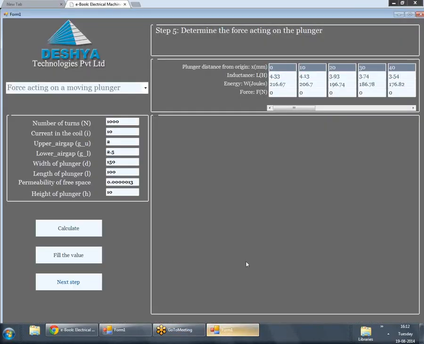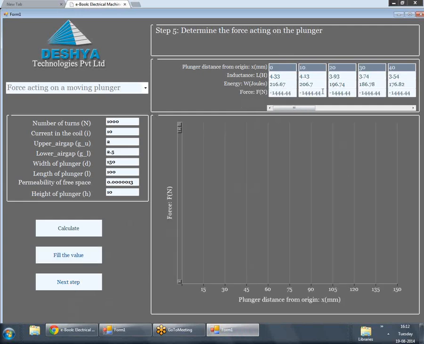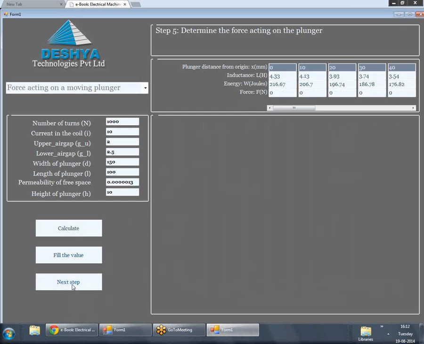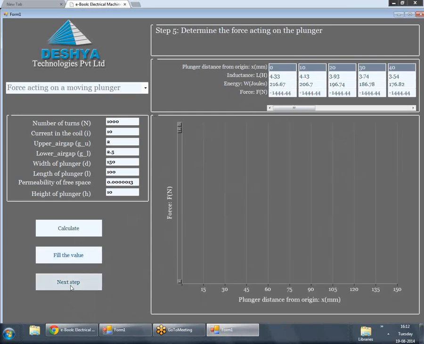All those things we have calculated, so eventually one can calculate the force. The current is constant, and the rate of change of inductance was calculated in the previous step. I fill in, and then I get the value of the force acting on the plunger. This is the final step of the calculation.